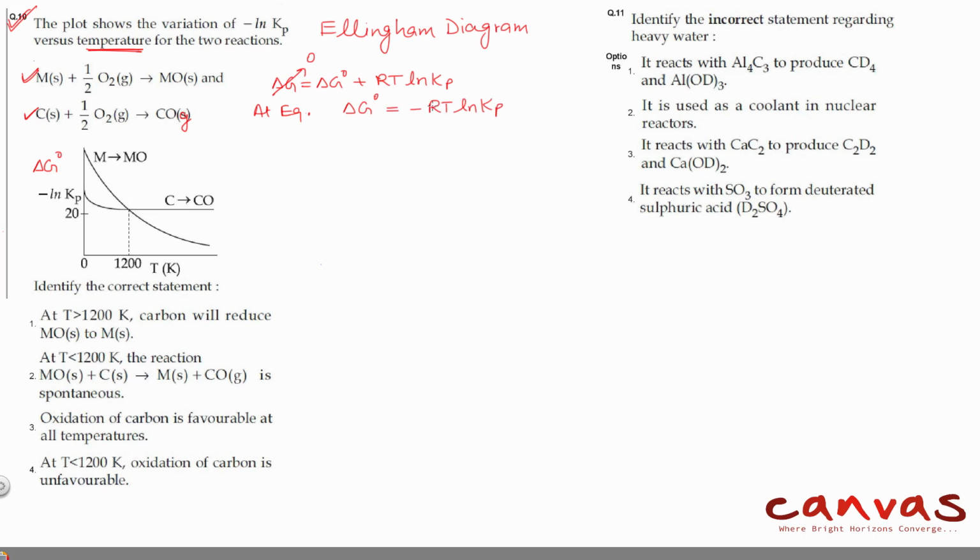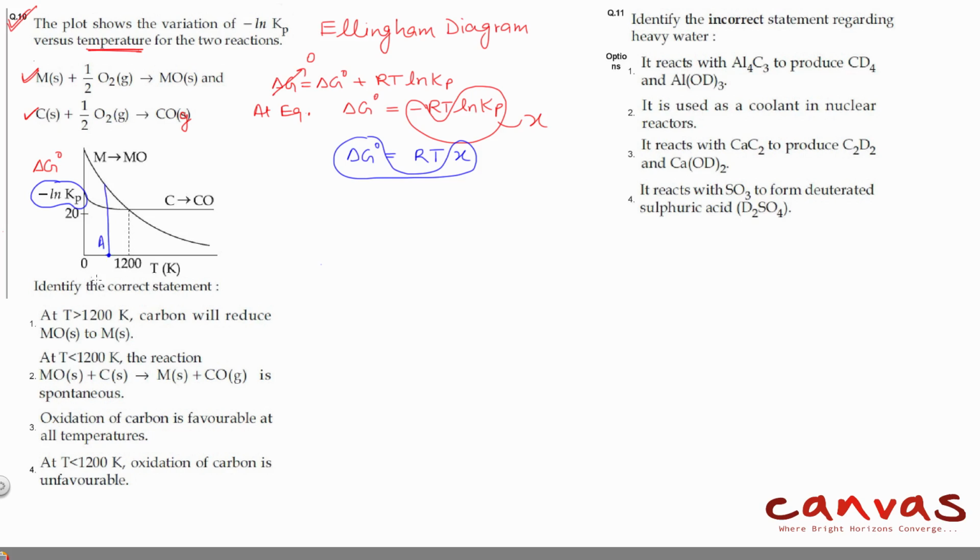If you take negative of log Kp to be x, then delta G naught is equal to RT into x. So you can see that delta G naught and x are directly proportional. So instead of writing delta G naught here, if you write x, that is negative of log Kp, it is a similar criterion.